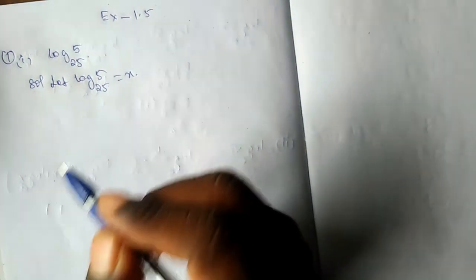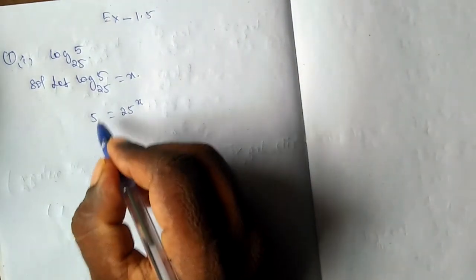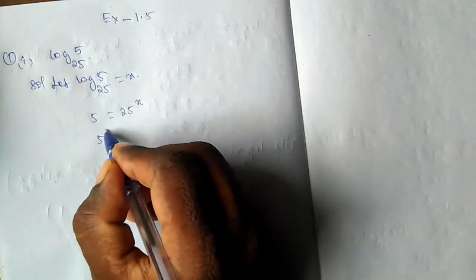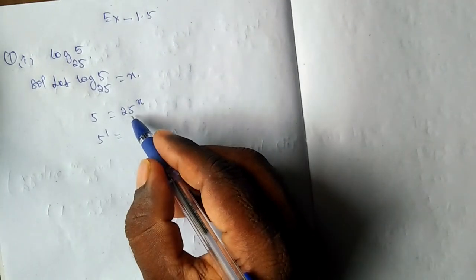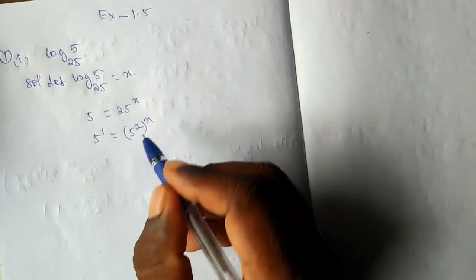He gave the logarithm form, we have to change it into exponential form. So 5 is equal to 25 to the power x. 5 to the power of 1 is equal to, 25 we can write as 5 square, so 5 square whole power x.